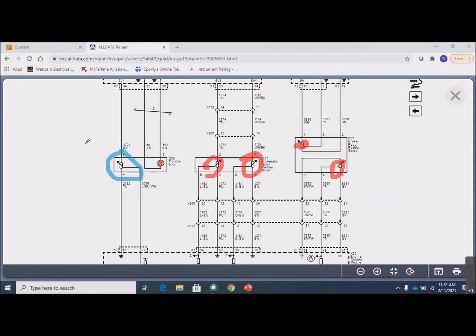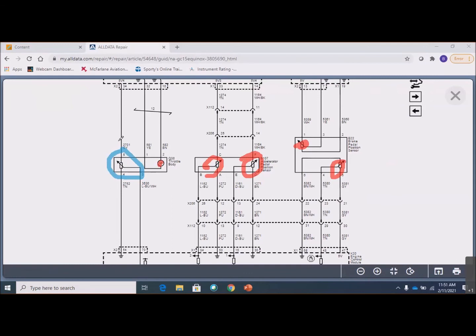So it's this kind of feedback loop, right? The throttle body moves upon request from the computer, and then the computer can look to see if that actually happened, see if the throttle body did what it's supposed to do.